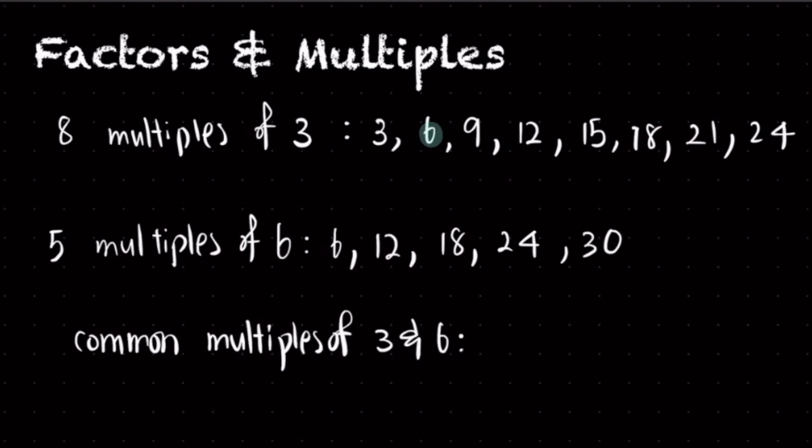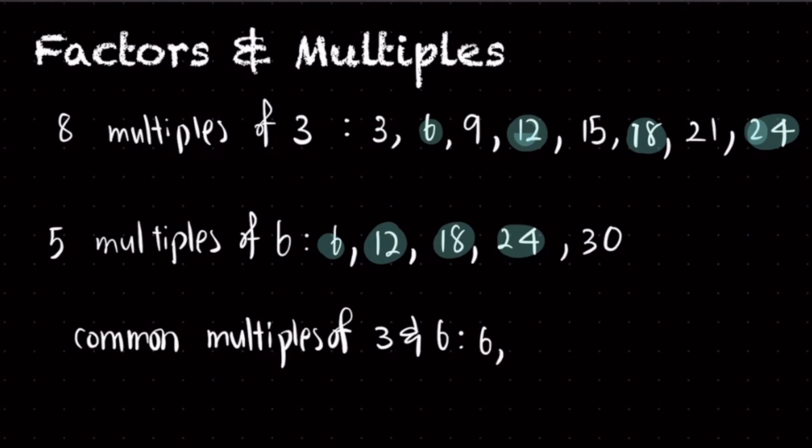We have 6, and then we have 12 here, and 18, and then 24. So these are the common multiples: 6, 12, 18, 24. So these are the first four common multiples of 3 and 6, because 1, 2, 3, 4.